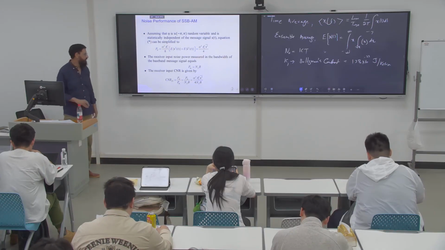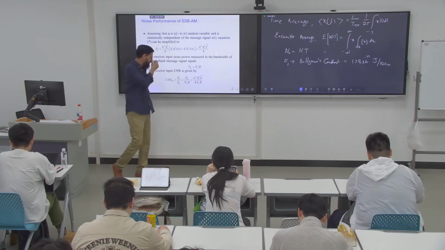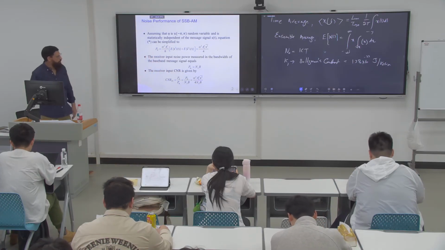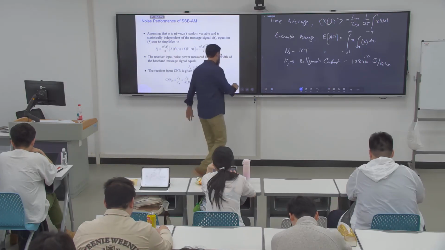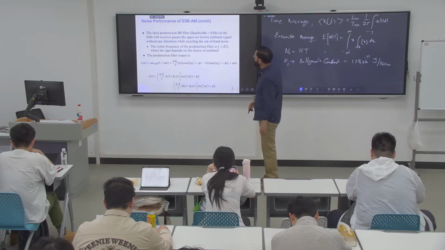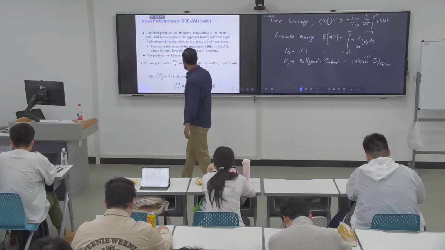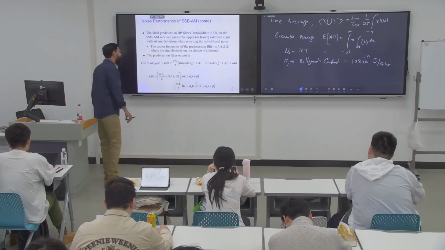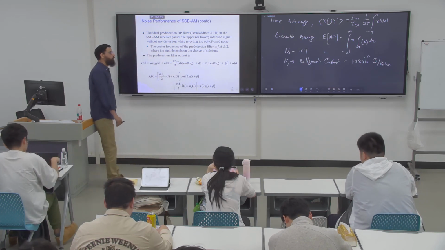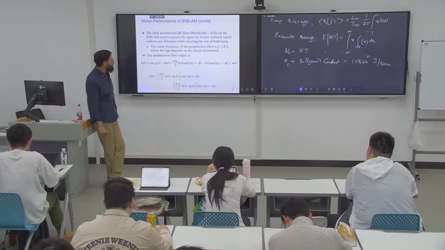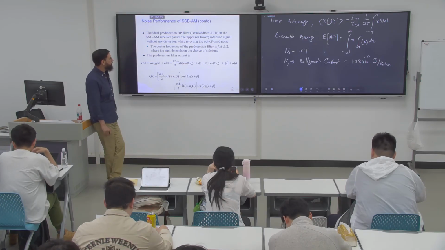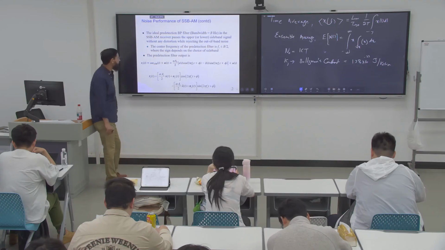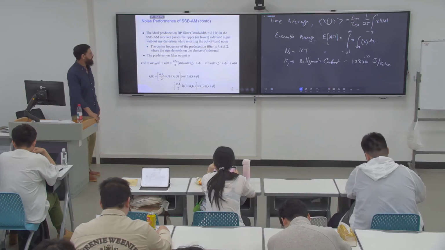So this is our CNR in, which is equal to PR divided by N not B. Just plug in the values, and you get this expression.